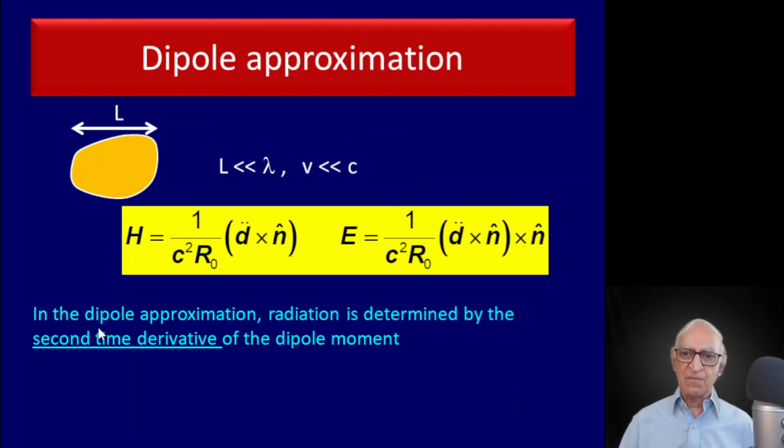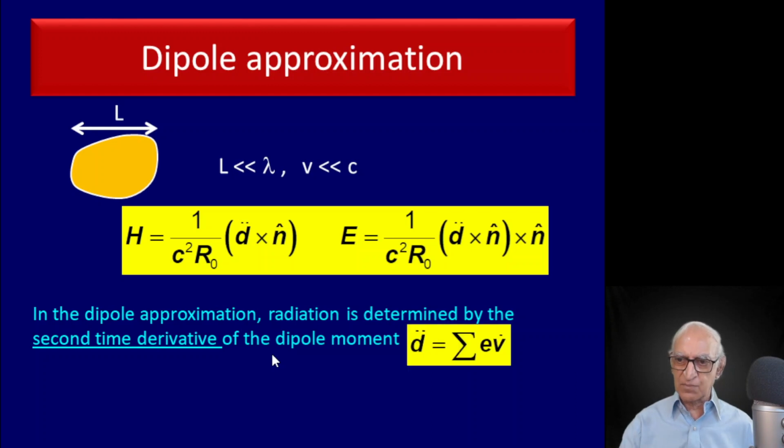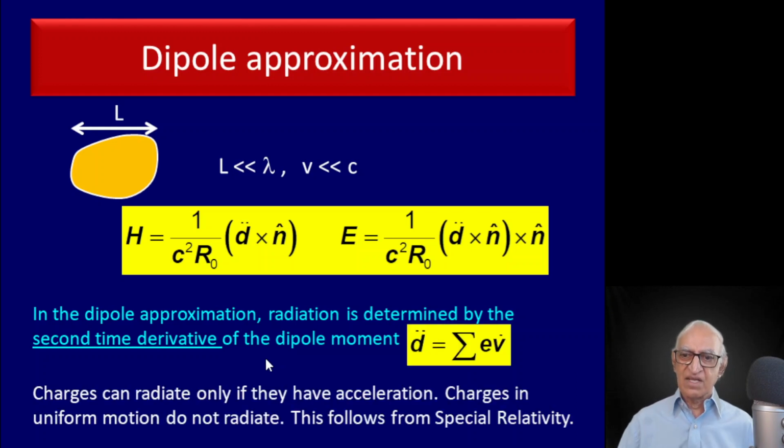So to repeat, in the dipole approximation, the radiation is determined by the second time derivative of the dipole moment, d double dot. Charges can radiate only if they have an acceleration, and charges in uniform motion do not radiate. This follows from special relativity. I shall not take the time to explain this. I would like you to think it through.